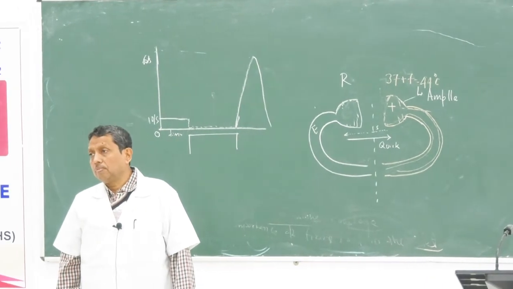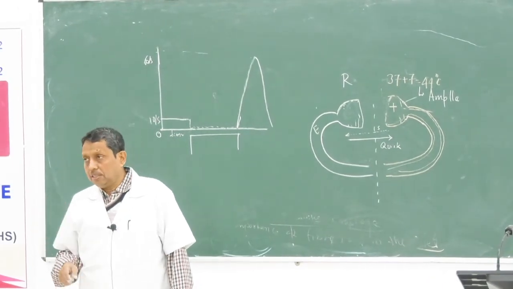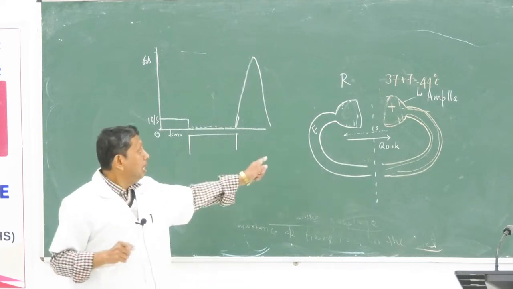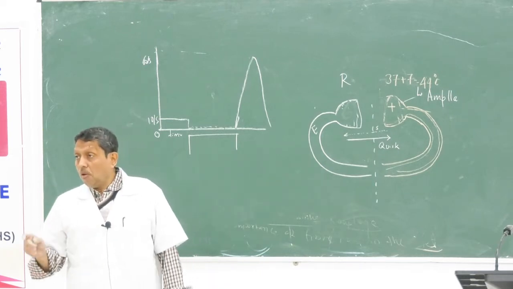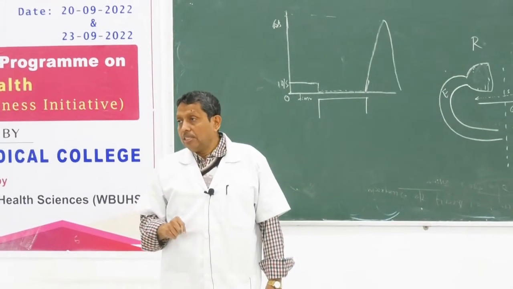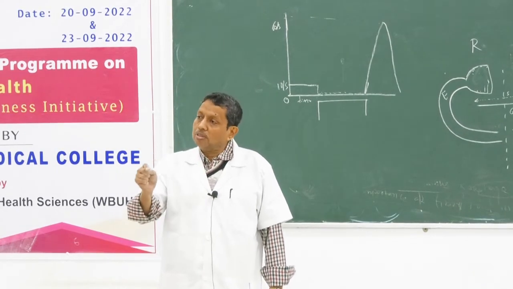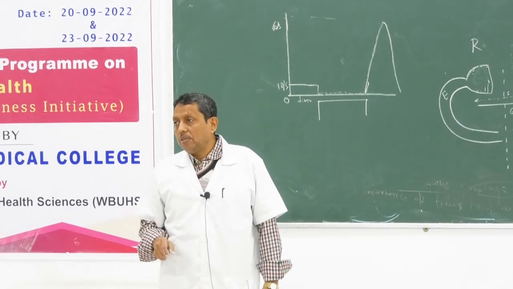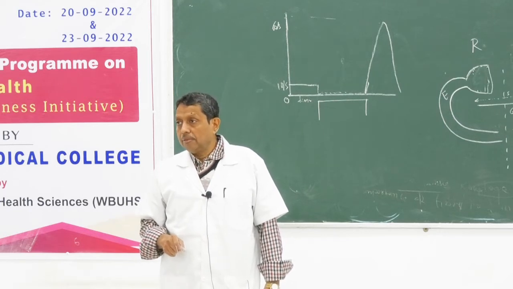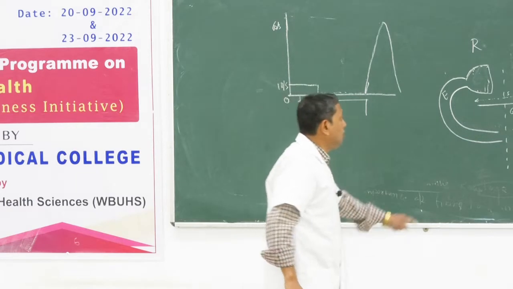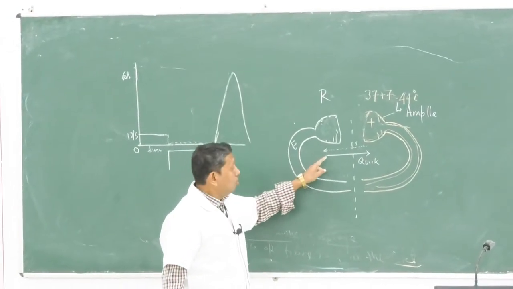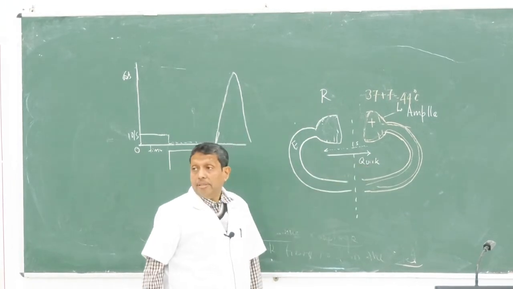If there is canal paresis, if there is damage in the vestibular apparatus on the left side of the individual, or the nerve has been destroyed, then this type of response is not seen. Or even if there is a response, it is for a limited period in comparison to the normal ear. Clear? So you see there is this slow component towards the opposite side, and the quick component is to the same side.